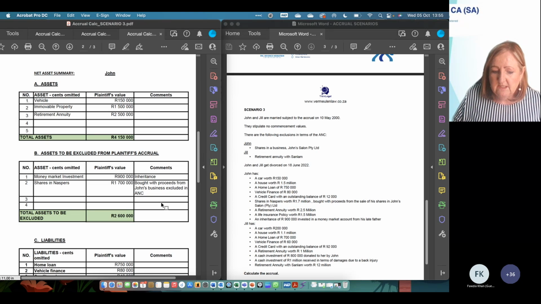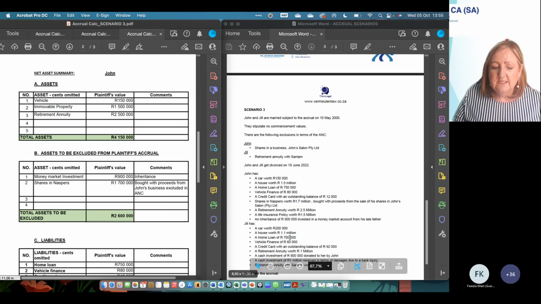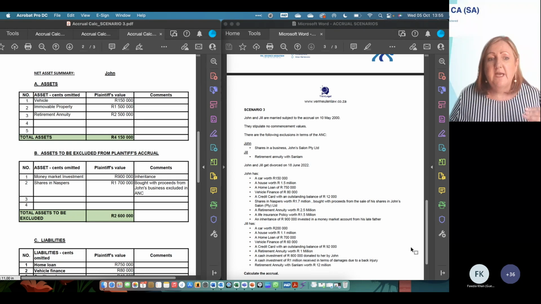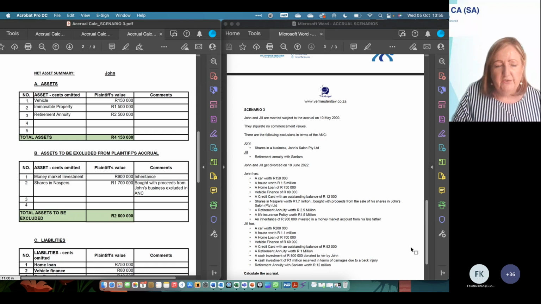And the reason is because, Mervyn will maybe have a better explanation, the fruits of the tree is being used. The tree was the original business shares that he had in John's salon, and he sold it and he bought something else. So because he's bought another asset with the original asset that was excluded, that new asset is also excluded from the joint estate.